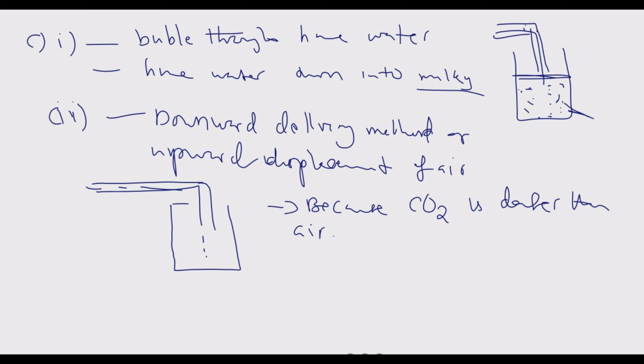We call it downward delivery because the gas comes down like that. It is also upward displacement of air because the air is displaced upward as the denser gas takes its place down here.